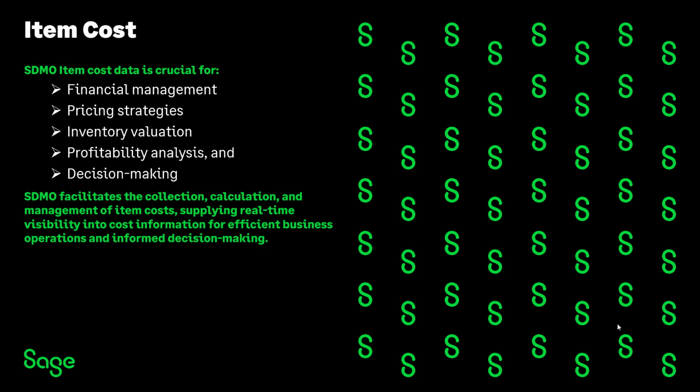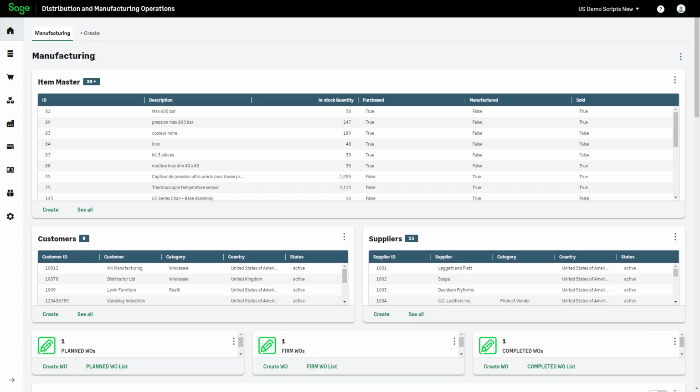Let's move on and discuss the concept of valuation method and how it impacts item cost. Within SDMO, an item's valuation method determines the cost of the item and plays a significant role in the calculation and management of the item costs. The valuation method dictates how cost elements are assigned to items, particularly in terms of inventory valuation.